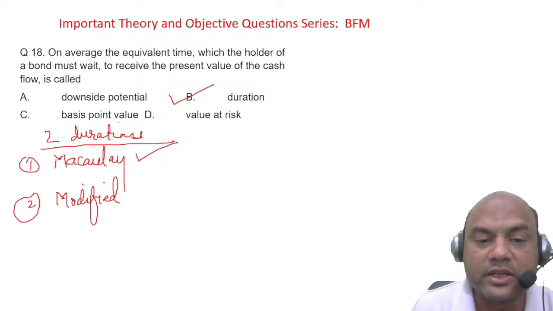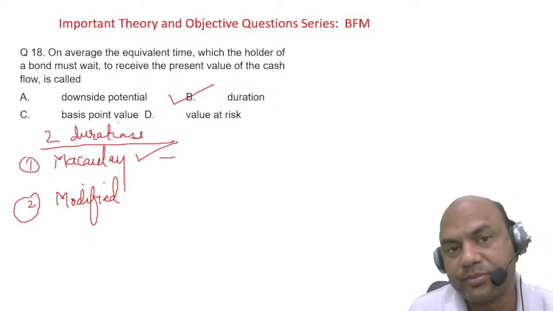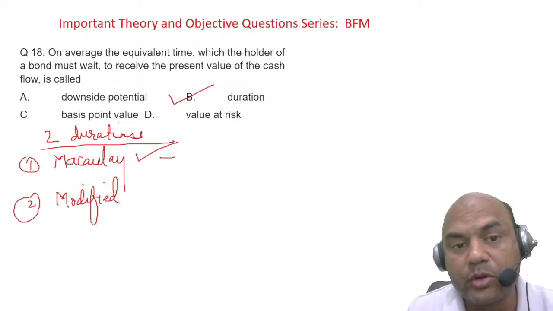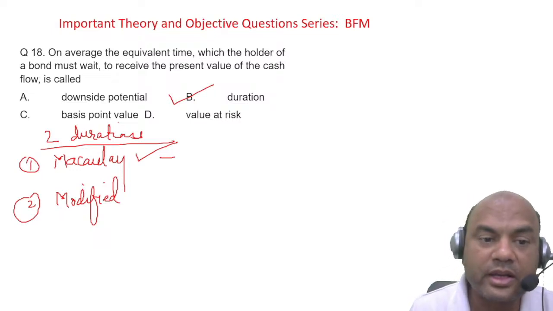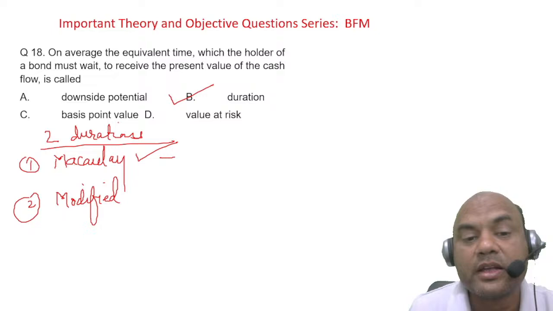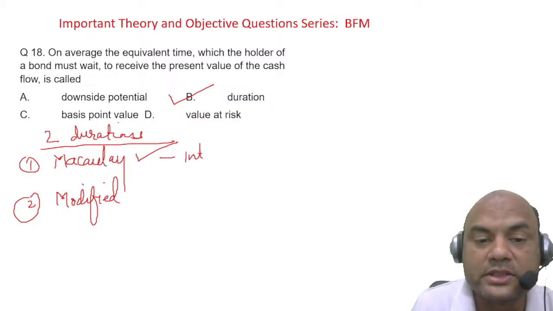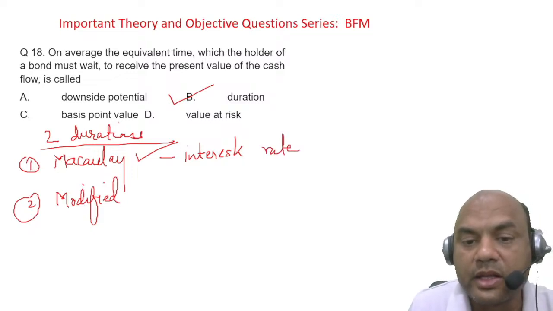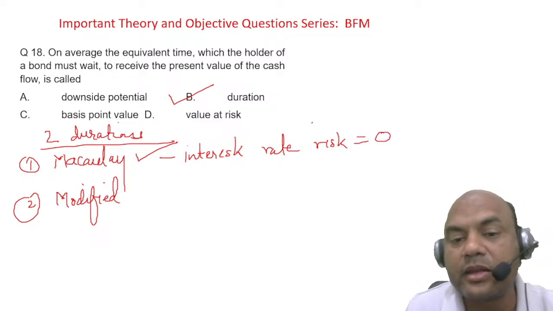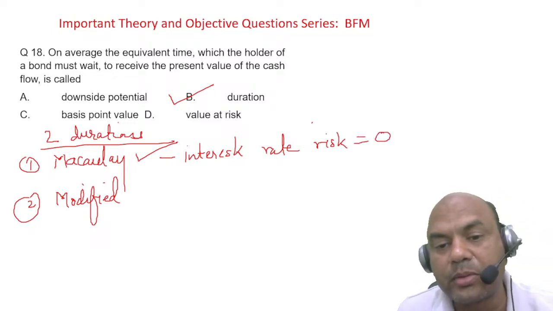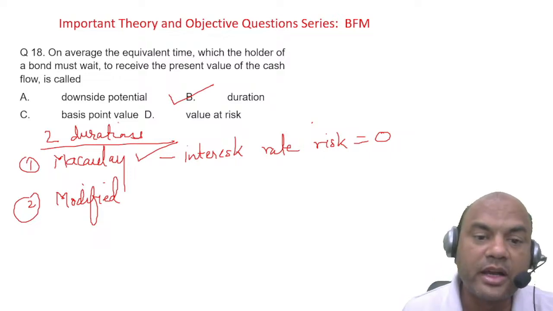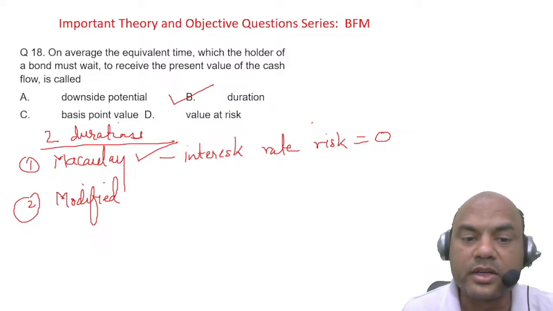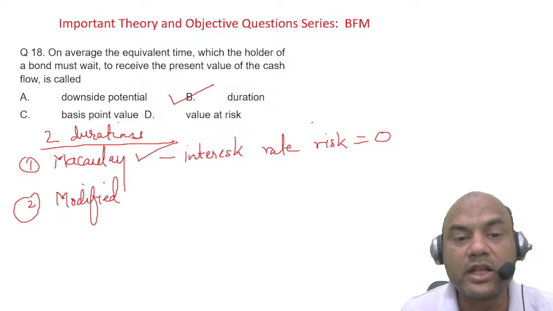Macaulay duration is a duration in the life of that bond in which the interest rate risk is zeroized. Interest rate risk equals 0. This is a main point about Macaulay duration. So this is known as duration.